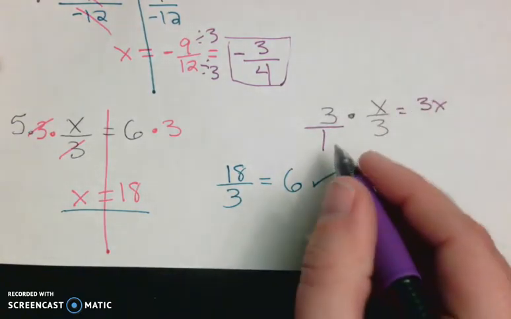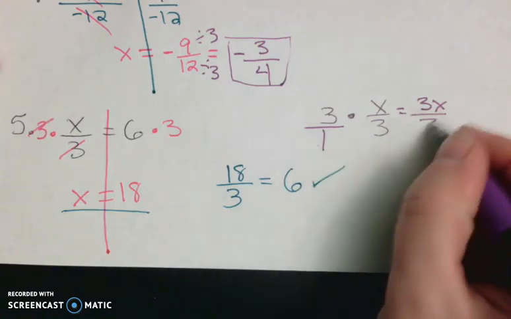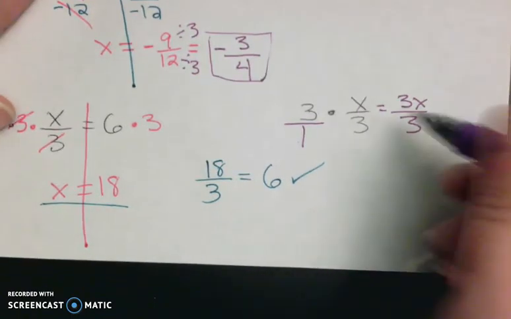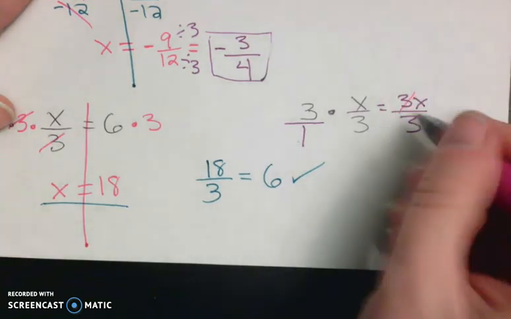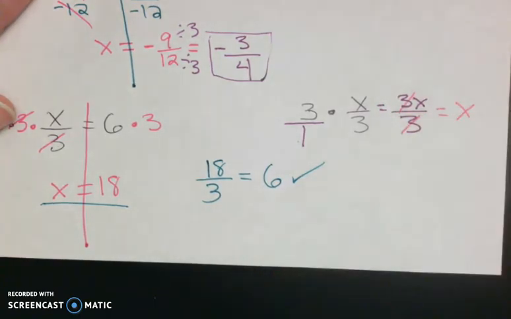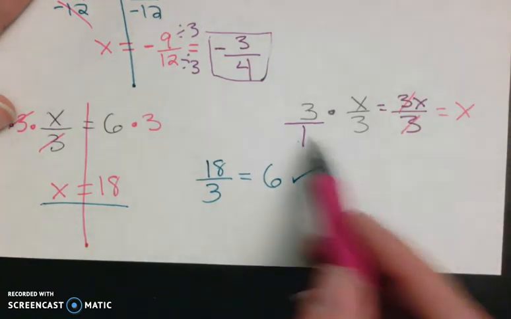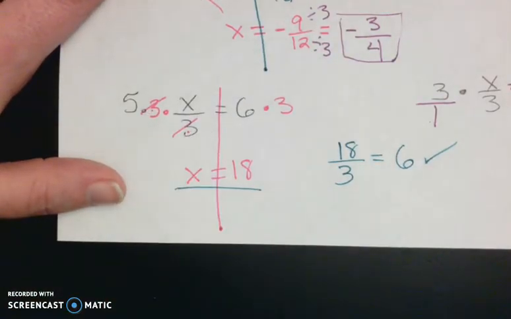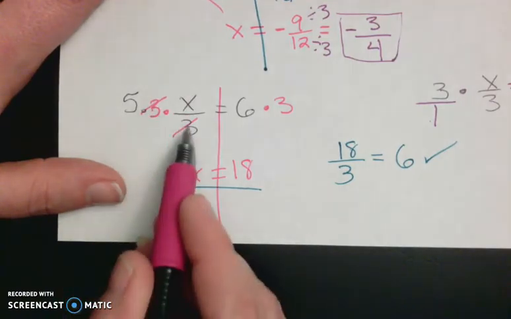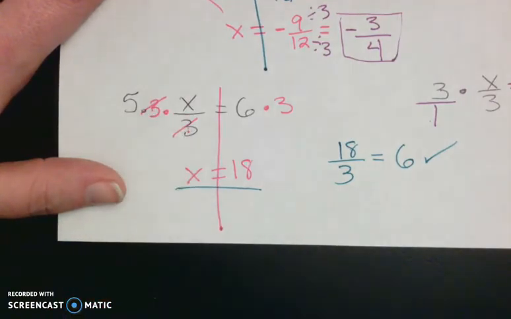And we multiply the bottom. 1 times 3 is 3. Now look, this is our bam-bam rule. Because 3 divided by 3 is 1. Those cancel. Leave me with just x. So that's showing you why mathematically it works. That when something's divided by 3, you just multiply, and they end up canceling out. Because what it's doing is taking 3 divided by 3, which is 1, to cancel.